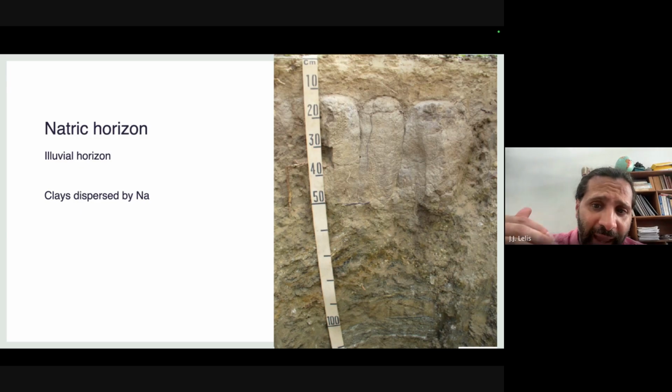At the B horizon, the water conductivity will be much lower than in the surface horizons. Because of this, you can find in some soils perched water tables.